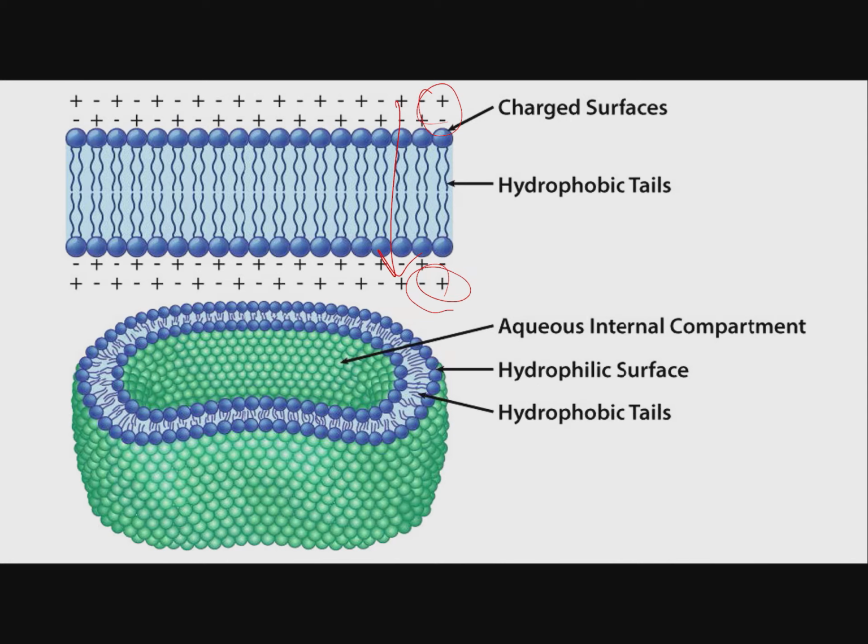This leads to the different ways the body has figured out how to transport across these membranes, but we'll talk about that in a little bit. The types of molecules that can get through are neutral ones: water, carbon dioxide, carbon monoxide, oxygen. Anything that's polar is not going to be able to get through this membrane.